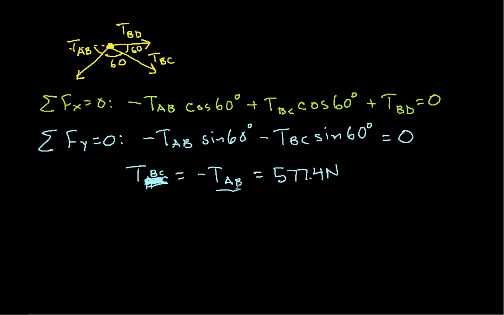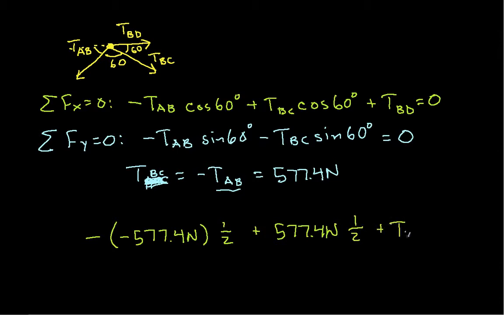If we now take TBC and plug it in here, we'll have then minus TAB, which is minus 577.4 newtons, times cosine 60, which is 1/2, plus 577.4 newtons, this is TBC, cosine of 60, which is 1/2, plus TBD equals 0.